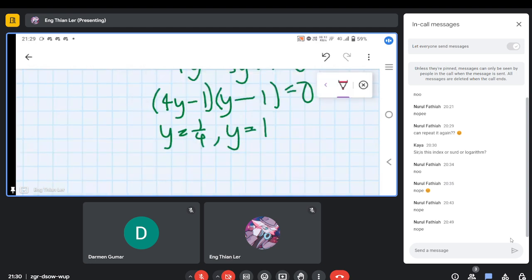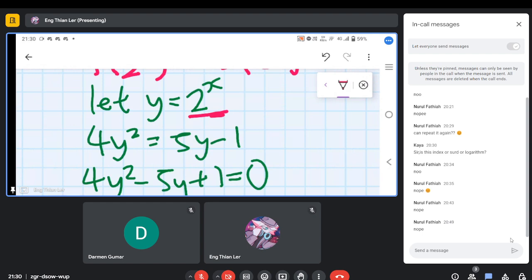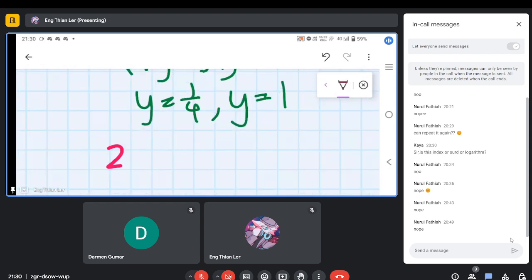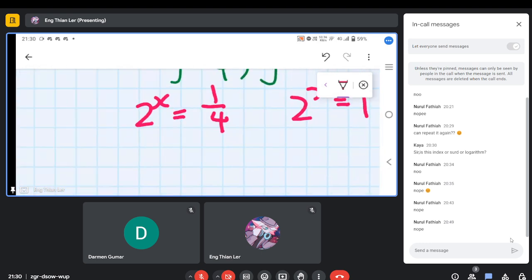We need to know that y is equal to something else. Equal to 2 to the power x. So 2 to the power x equal to 1 over 4, 2 to the power x equal to 1. So from here, 2 to the power x equal to 1 over 4. Where is x? This is equal to 2 to the power negative 2, right?